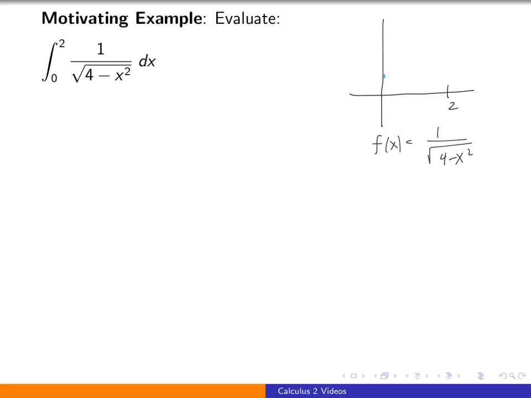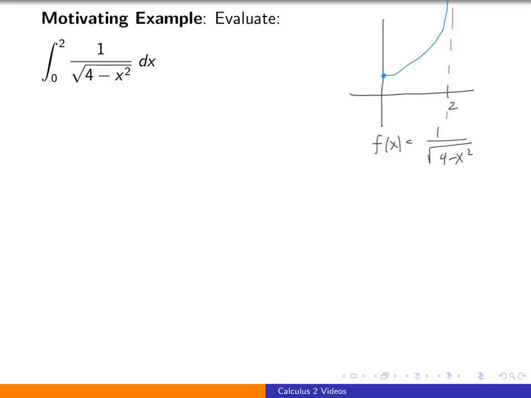Then as you plug in numbers getting closer to 2, you're dividing by something smaller. In fact, as you get really close to 2, you're dividing by something really small, which means it's approaching infinity. So the graph is going to have a vertical asymptote at x equals 2, and roughly speaking look something like this.